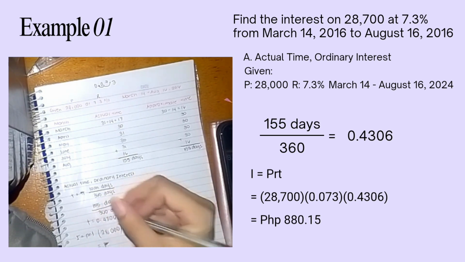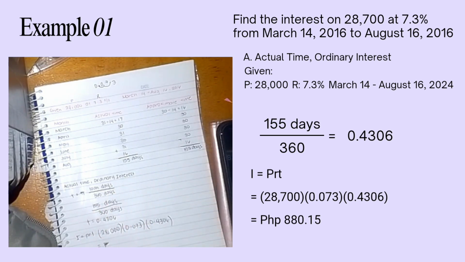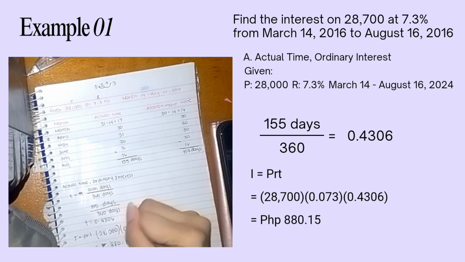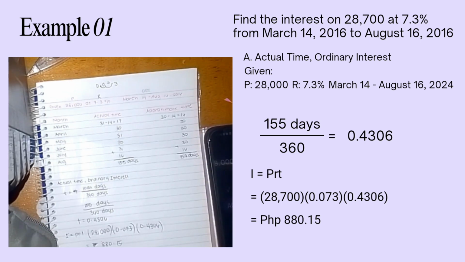So don't forget that, because we're talking about money. So 880.50, since the next digit after 4 is 6, so round off. So 880.58.